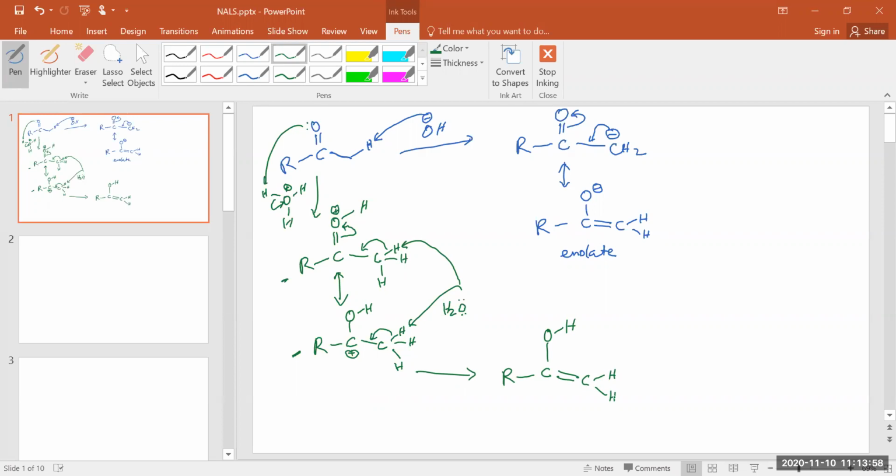So see the similarity between this and this structure. Only you have H and O minus as the difference. As you know, this is called enol.